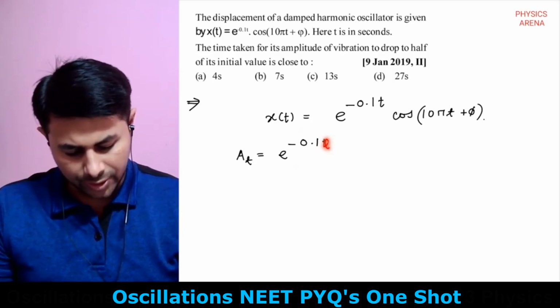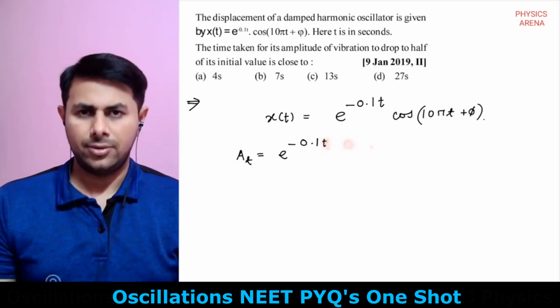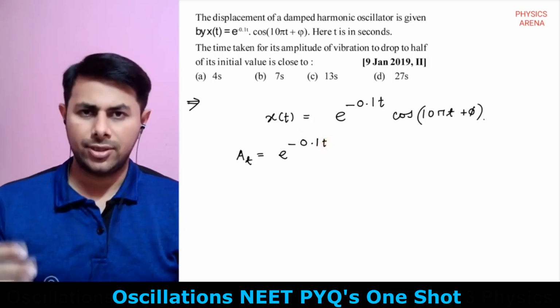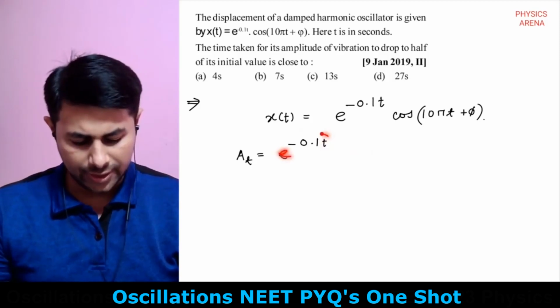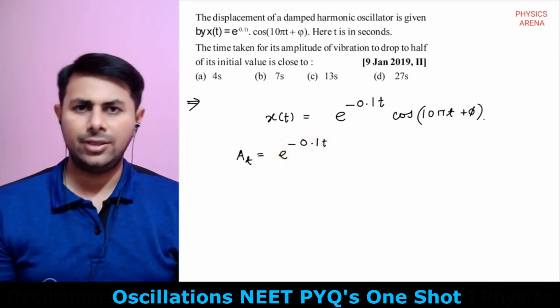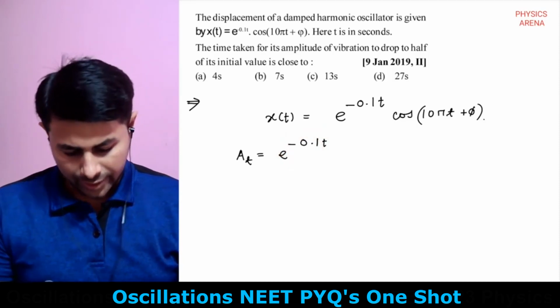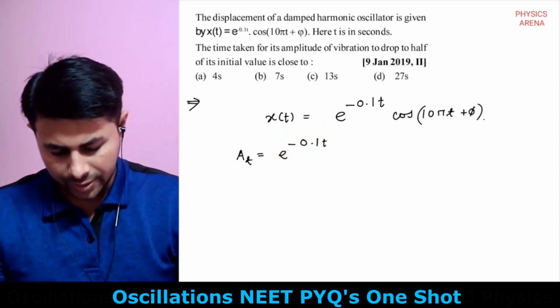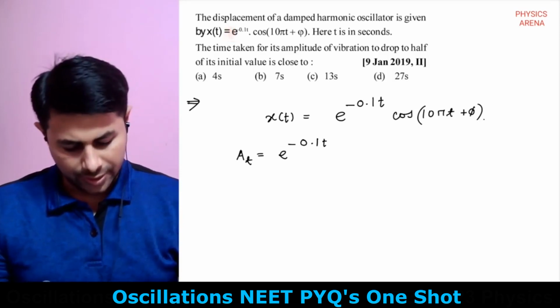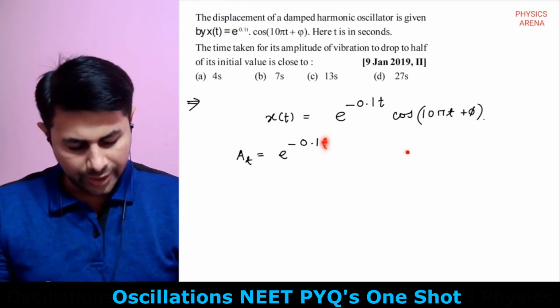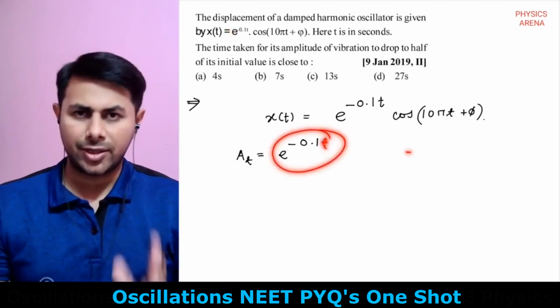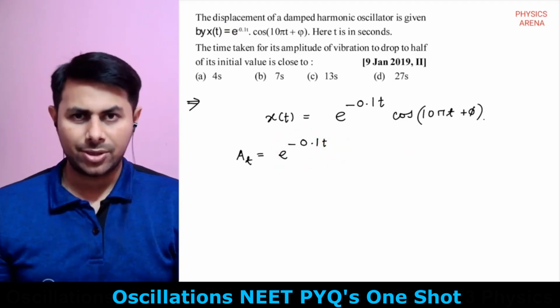Put t equals 0. Anything raised to 0 is 1. So this thing raised to 0 is 1. That means the initial value is 1, right? There is no other multiple here, right? So put t equals 0, this thing becomes 1. So that is the initial amplitude.